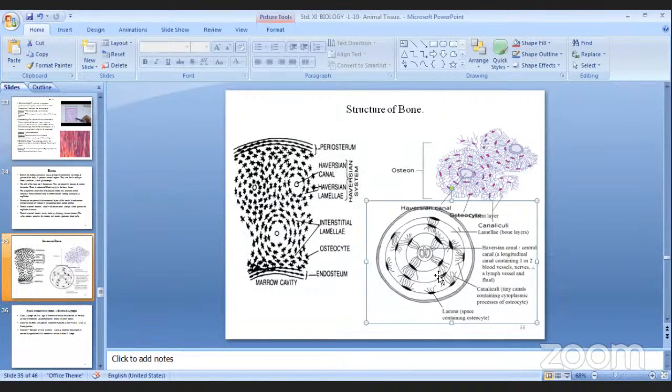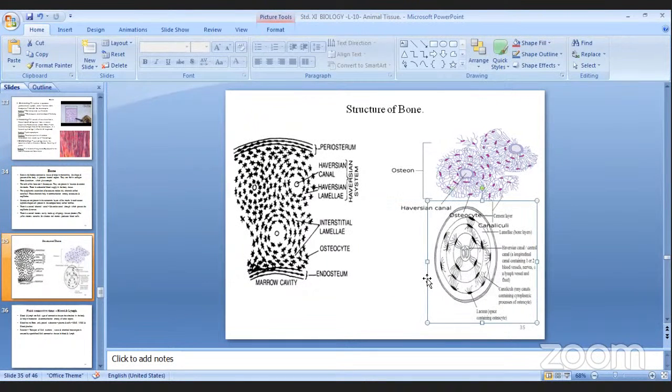Then in the lamellae there are a number of lacunae, and each lacuna consists of cells, that is the bone cells. Okay, osteocytes are present, osteoblasts are present. Clear? And this is the Haversian canal, which consists of blood vessels, nerves and lymph vessels. You can see this structure in detail.